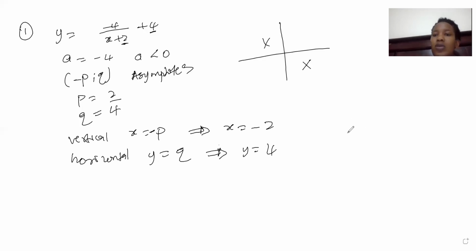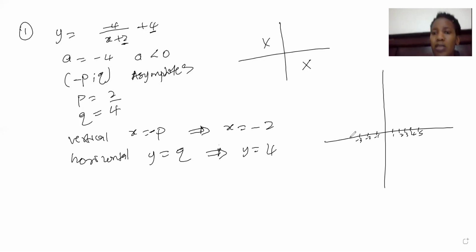So let's come to our graph. 1, 2, 3, 4, 5. Minus 1, minus 2, minus 3, minus 4. This is y, this is x, and this is 0.